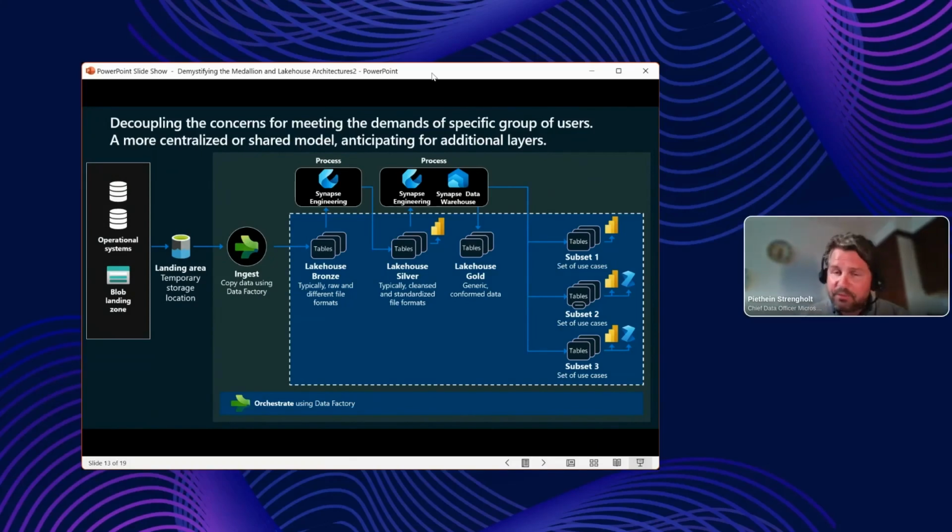And then from there, we start to make subsets. So we select data subsets for different use cases. And there we apply optimizations. And again, we have different types of business logic we apply on those different use cases. So then your gold layer falls apart into, again, different layers for these different use cases on the right-hand side.